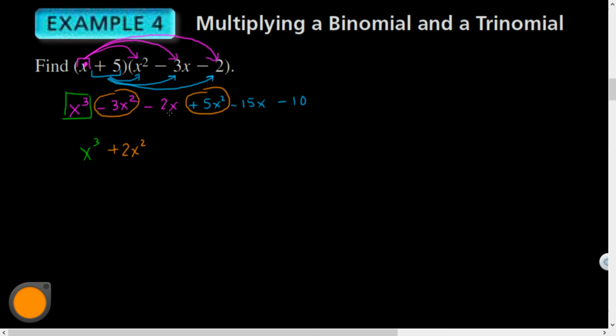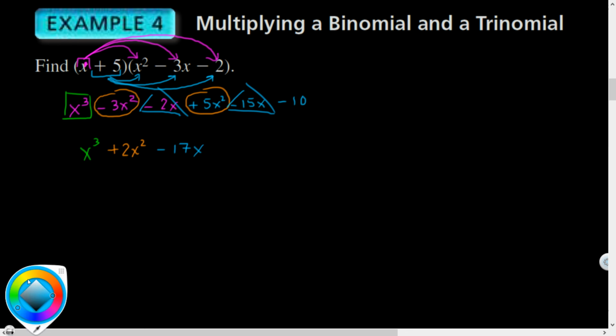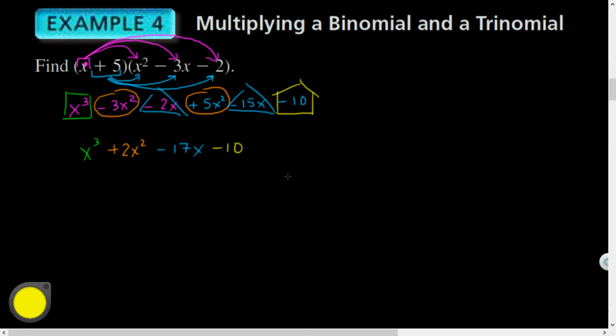The variables remain unchanged. Negative 2x plus negative 15x, so it's becoming more negative. And then negative 10. I'll draw a house shape for it this time. Negative 10. And there we go.